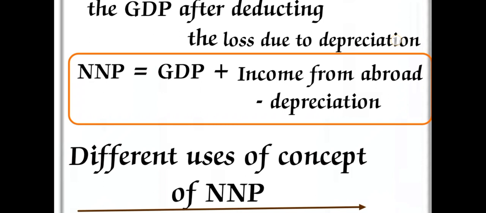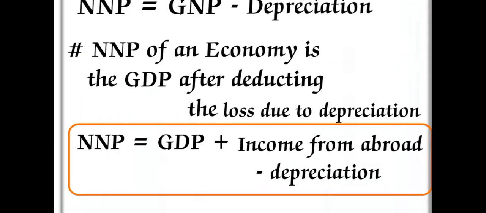Income from abroad means the private remittance. The people who are living in foreign countries and the foreigners living in India, so there are private transfers. That is private remittance. The next one is interest on external payments.